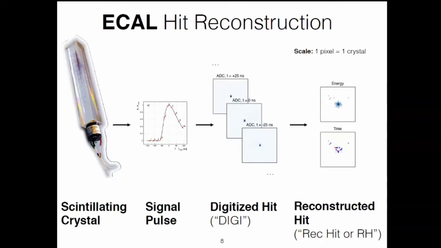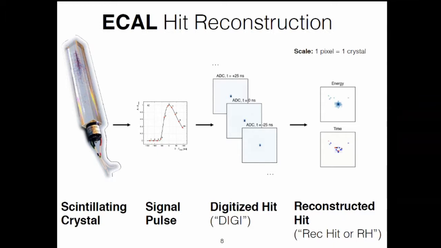How do we do hit reconstruction in ECAL? All these crystals are what are called scintillating crystals. A particle comes in and induces a shower, as illustrated here. The shower will create a signal pulse that is recorded by the electronics. So you get this sort of pulse shape.